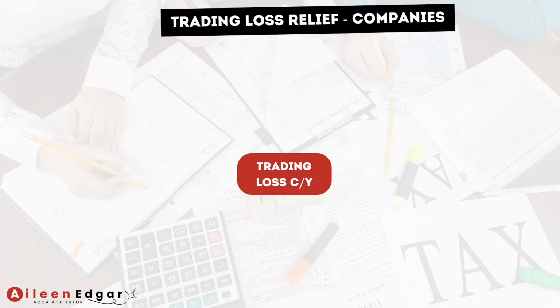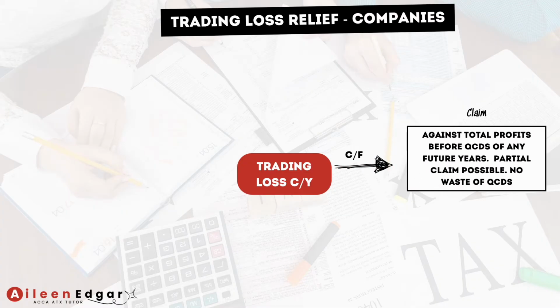Now, what have we got in terms of options for a company? If they make a trading loss in the current year, then one option we have, and this is the option that will happen if we don't do anything else, is that our trading loss is going to get carried forward to future years.